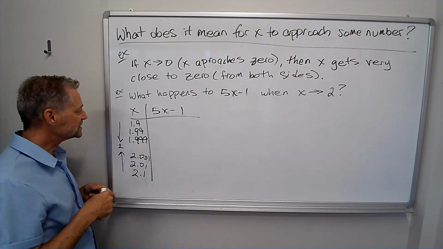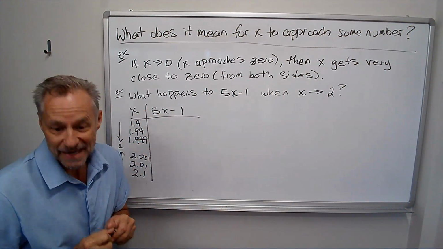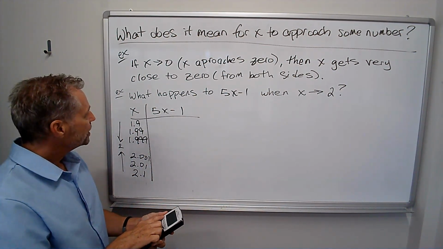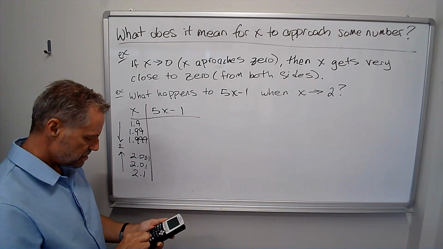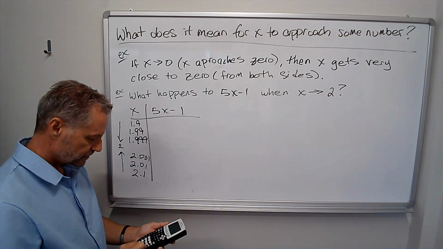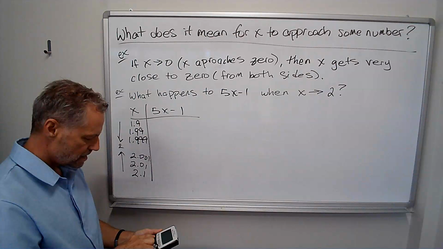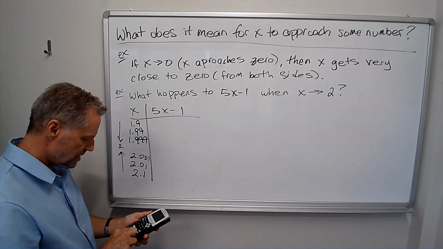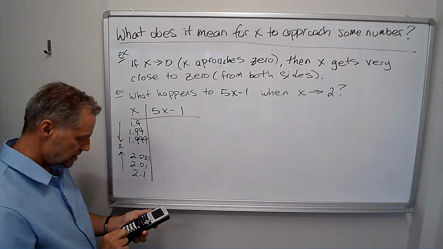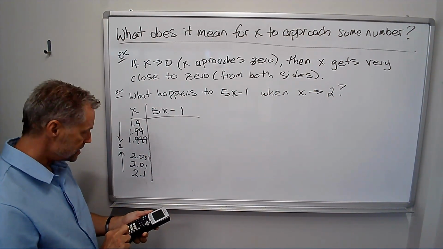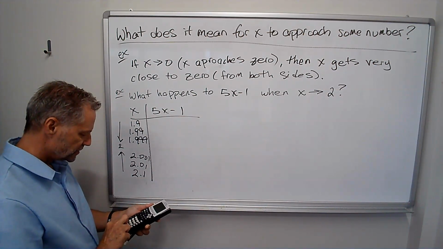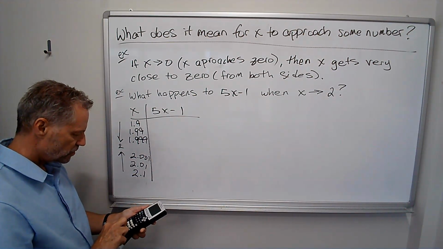Let's see what happens to this. I'm going to use my calculator real quickly to do this. We're going to go 5x minus 1, and I'm going to go to my table and put in 1.9, 1.99, 1.999, 2.001, 2.01, and 2.1.